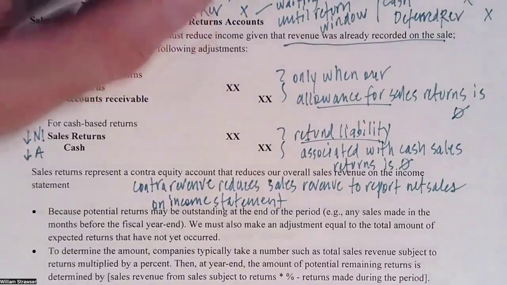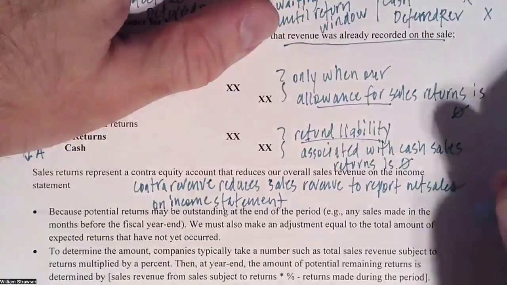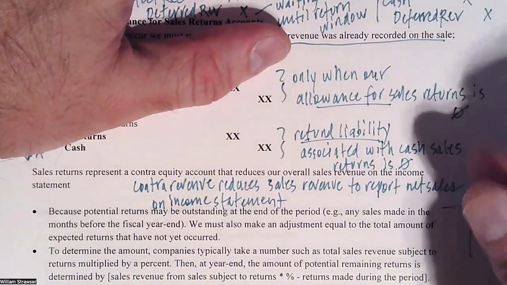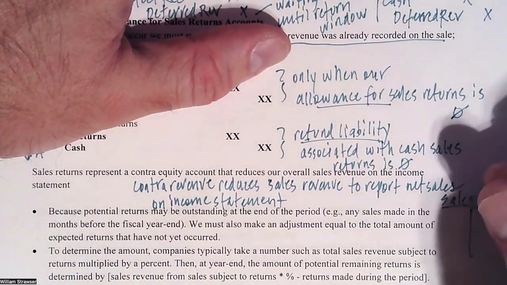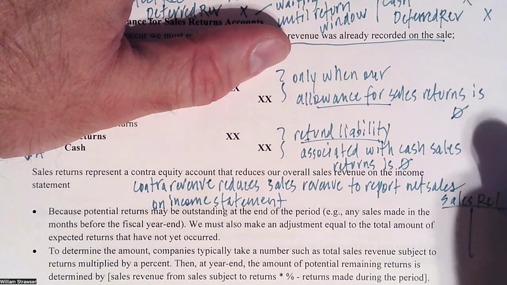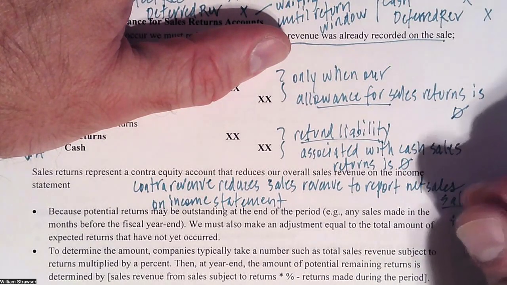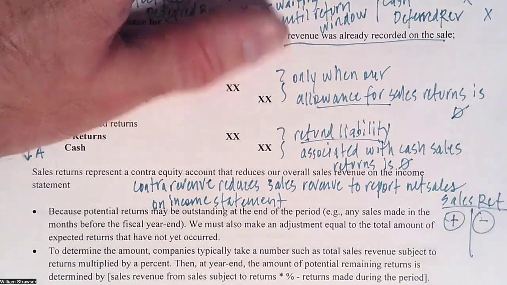So as a contra revenue account, its rules are opposite of a revenue, where it increases with debits and decreases with credits.